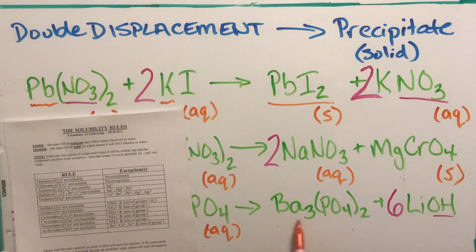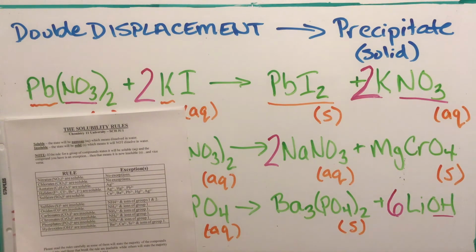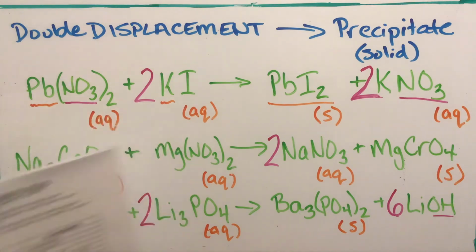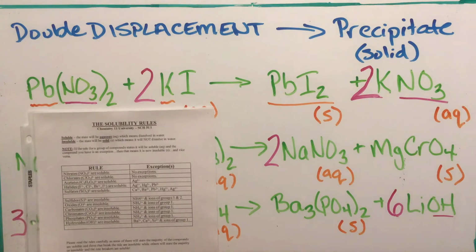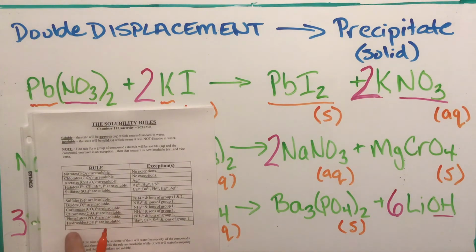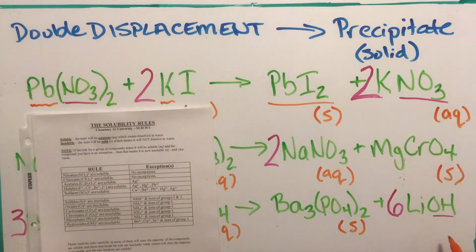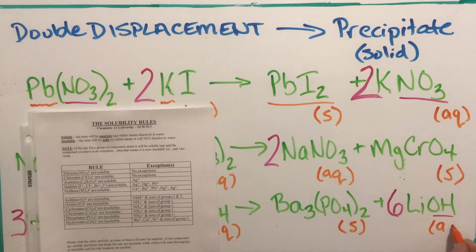Well, this is in group 2, so the rule is going to stick. This is not an exception. So phosphates are insoluble. There is my precipitate. And then if I look again, sorry, I moved those. Hydroxides are insoluble except with group 1. Lithium is in group 1, so it becomes soluble.